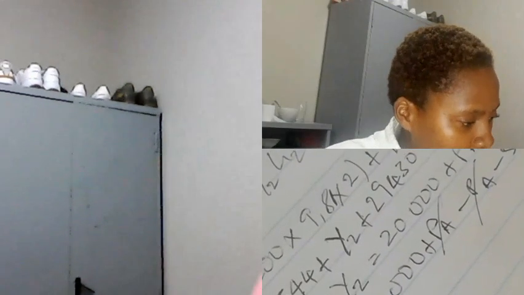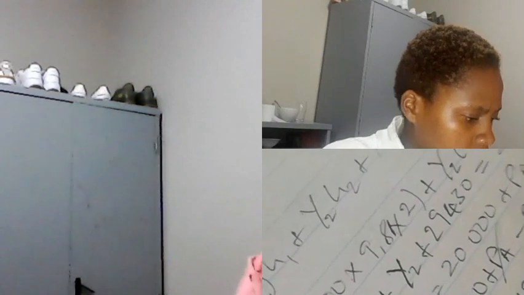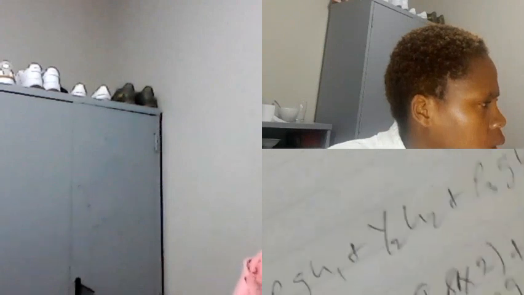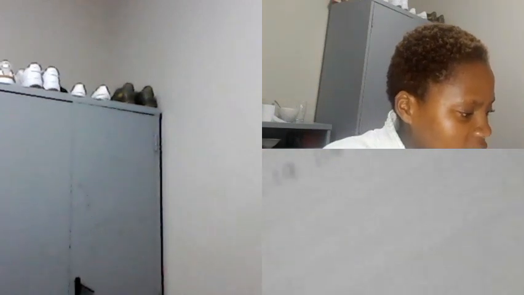20,000 minus 5,886. Don't forget the units for gamma, the specific weight. It's 14,114.